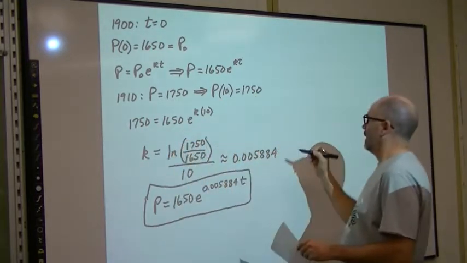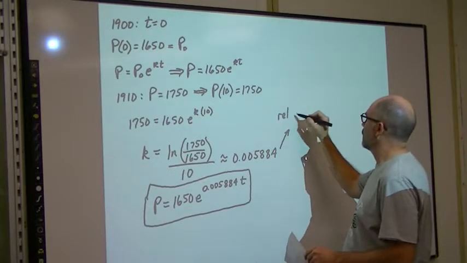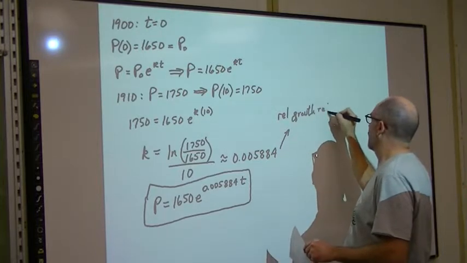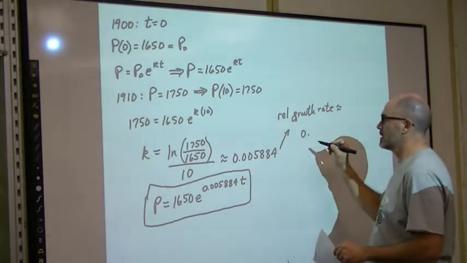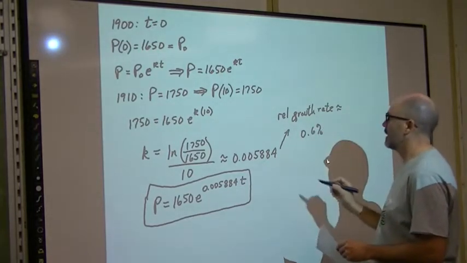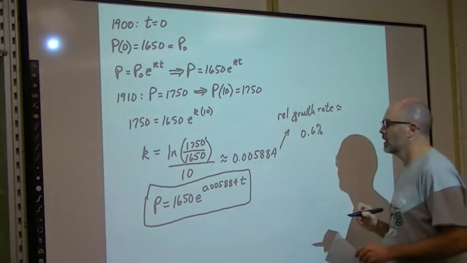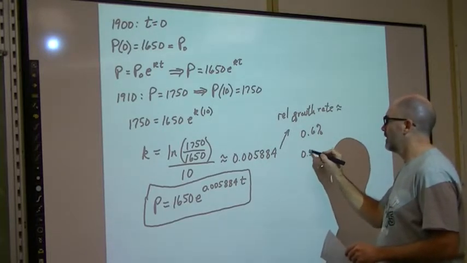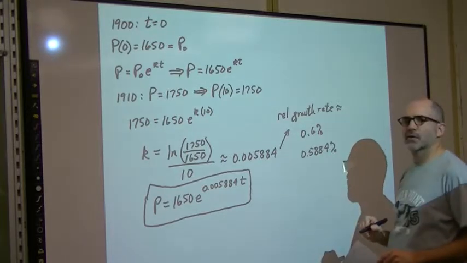Oh, and incidentally, the relative growth rate is approximately 0.6%. If we want to round that off, we could use percentage, or 0.5884% to be more accurate.